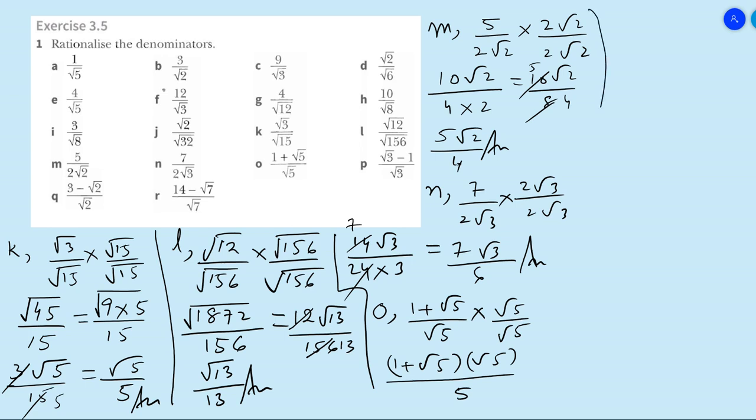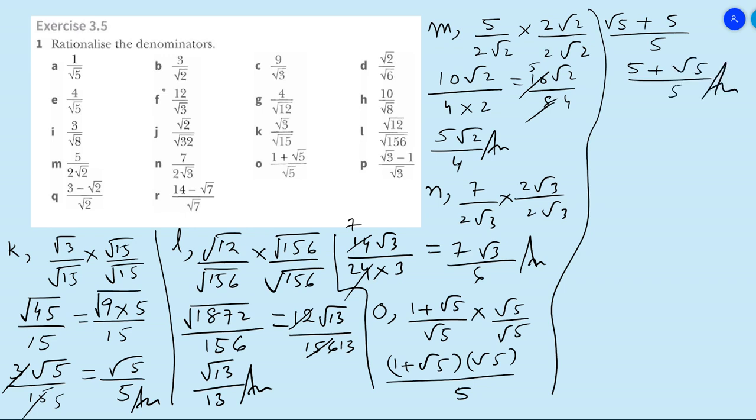Remaining work I am doing over here. Root 5 into 1. Root 5 plus root 5 into root 5 is 5 upon 5. Or you can write 5 plus root 5 upon 5. This is the answer of part O, 5 plus root 5 upon 5. Now come to part P.